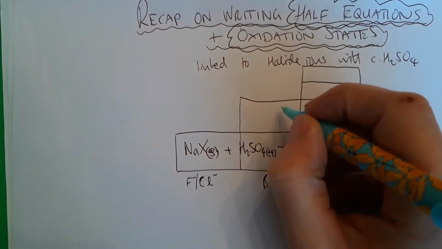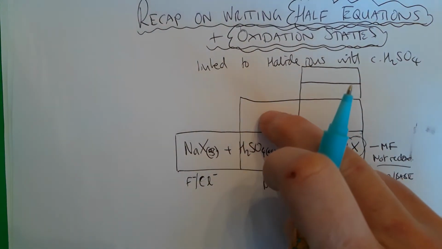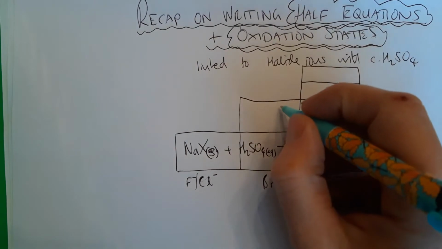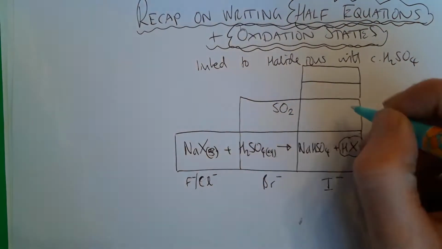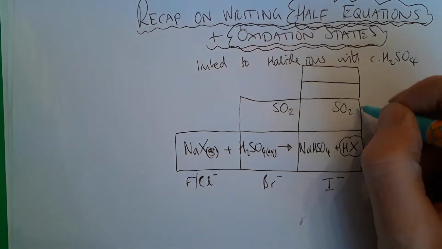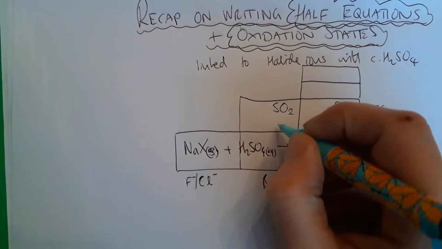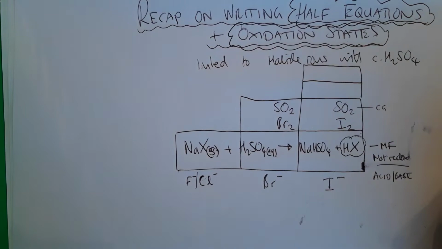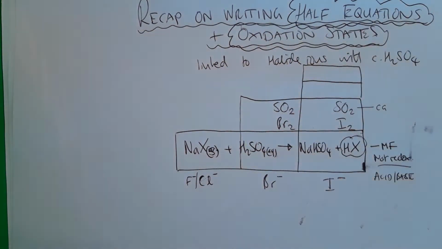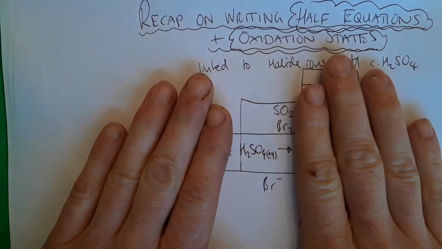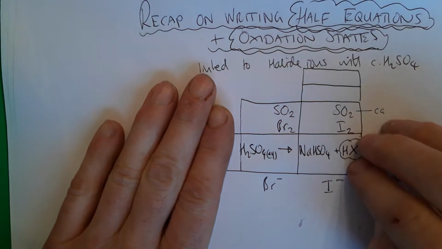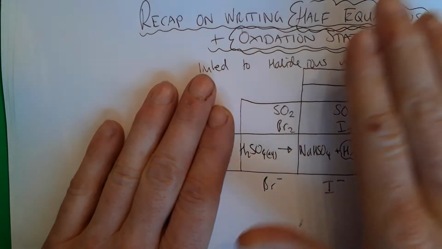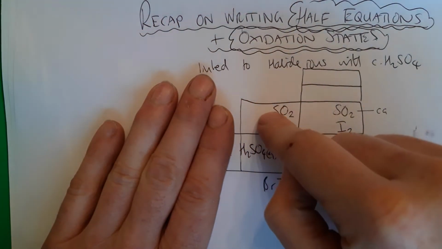The next thing is that the sulfur products of this reaction and this reaction are the same. You make SO2, which is a choking gas. You make Br2, and in this case you make I2. So bromide, when it reacts with H2SO4, makes misty fumes, choking gas, and bromine: three products.